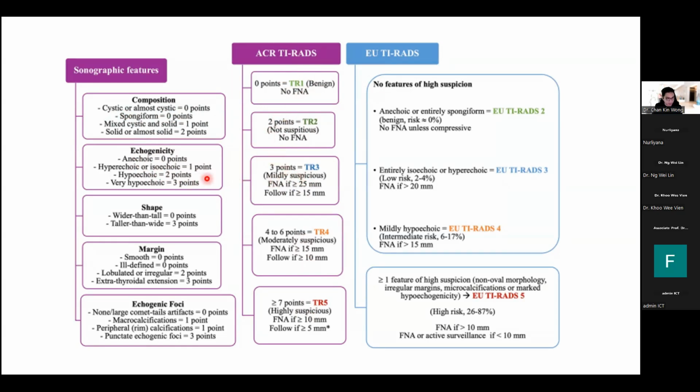Sometimes you can reach TR3 if it's very hypoechoic. Solid cystic lesions score at least 2, because 1 point from composition and another point from echogenicity. Solid lesions are generally 3 onwards because solid itself already contributes 2 points. The EU-TIRADS here is just a comparison, but we generally use ACR TI-RADS.